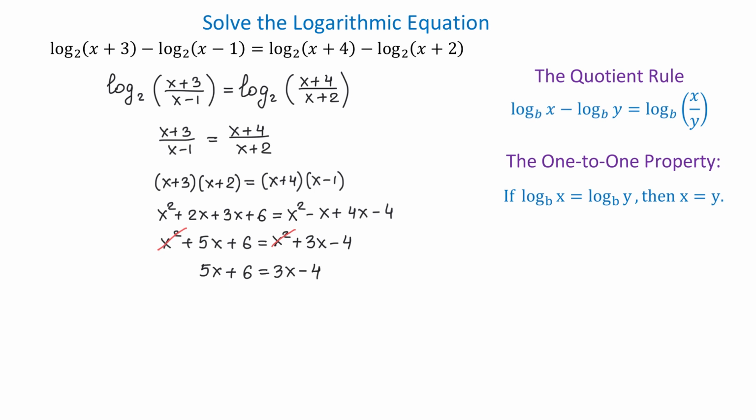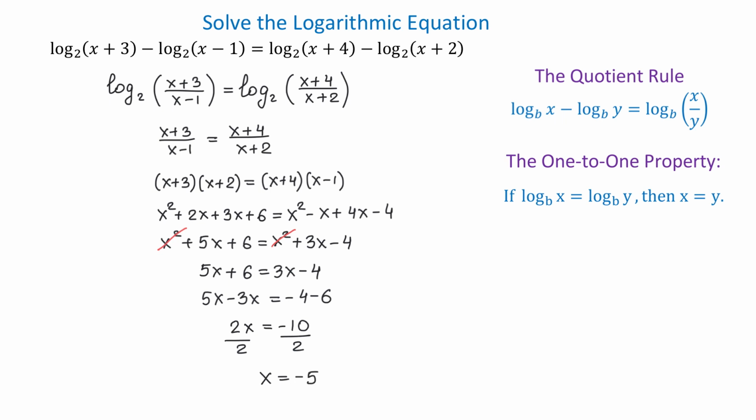If we subtract 3x from both sides and then 6 from both sides, we will have 5x minus 3x equals negative 4 minus 6. Then on the left side we have 2x, and on the right side negative 10. And now if we divide both sides by 2, then we will get that x equals negative 5.